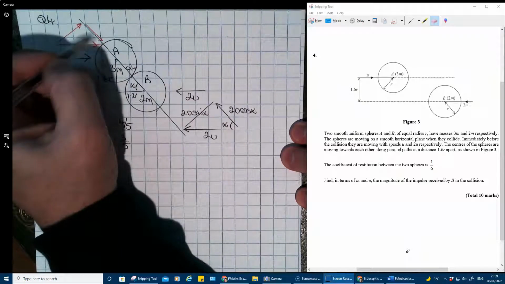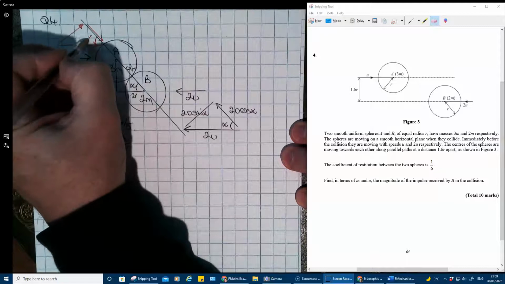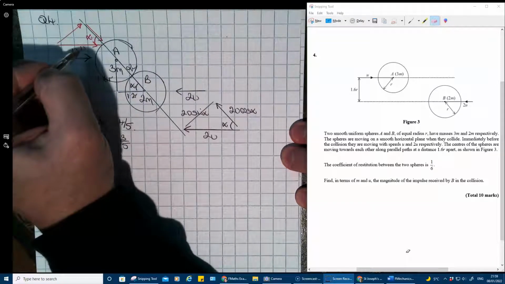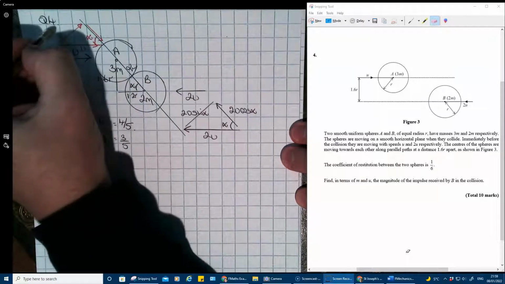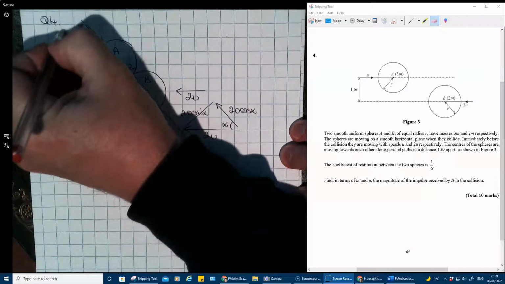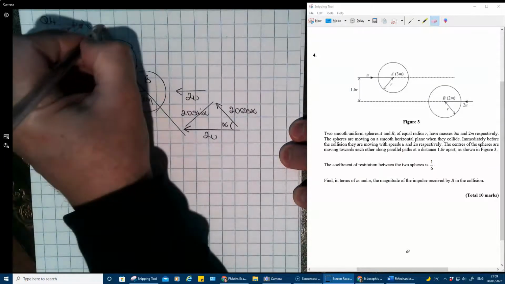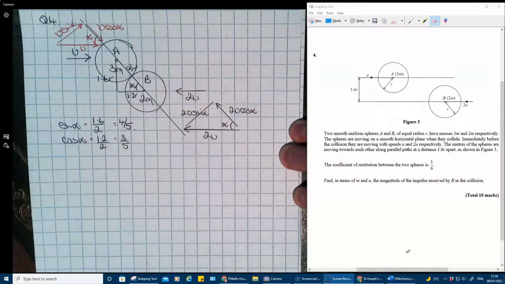Alpha will be up here. This would be alpha, wouldn't it? So this is u sine alpha. Space here. See why I need a big diagram. U sine alpha, and this one's u cos alpha. Okay, so that's all the information we need on the diagram.